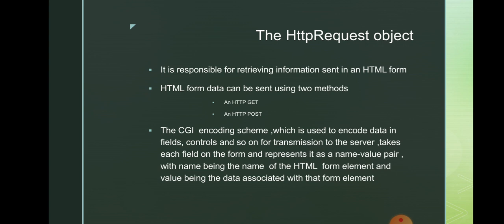And finally, the last object is the object context object. These six types of objects are included in the ASP.NET Intrinsic Objects. Got it, students?